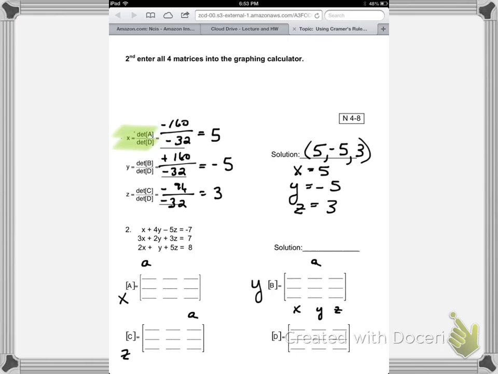So our D matrix is 1, 3, 2, 4, 2, 1, negative 5, 3, and 5. And the determinant of D, if you put it in your calculator, is equal to 24.